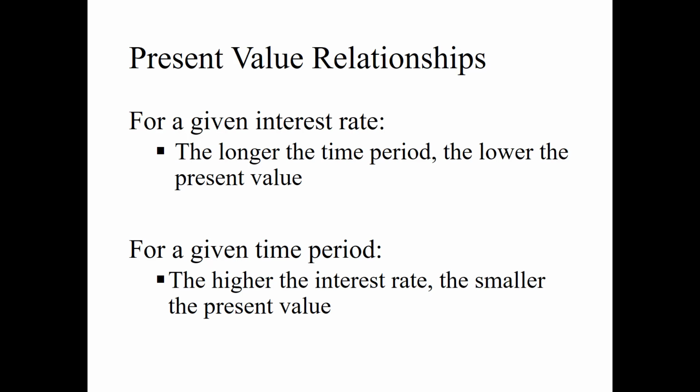The other relationship is that for a given time period, in other words, if we hold the time period constant, the higher the interest rate, the smaller the present value. The reason that's the case is that if we have a smaller amount but a higher interest rate, we are going to earn more interest per time period, and the gains in that interest earned will build up over time.